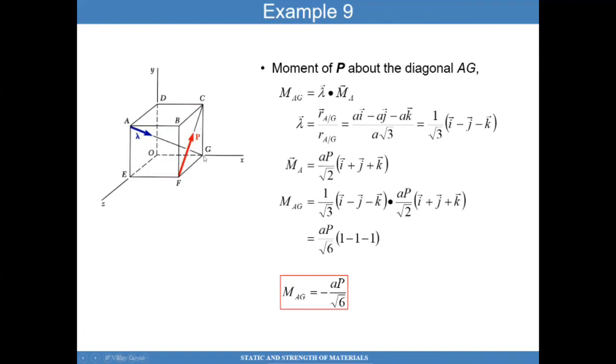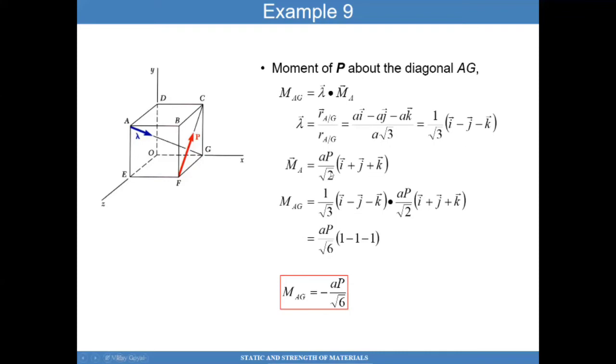That's again very simple. We already calculated the moment about A, so all we have to do is take the dot product against the unit vector lambda that points from A to G. To find that, we know the coordinates of this point and the coordinates of this point. Therefore, I can calculate the position vector, and dividing by the distance between these two points, I can calculate the unit vector.